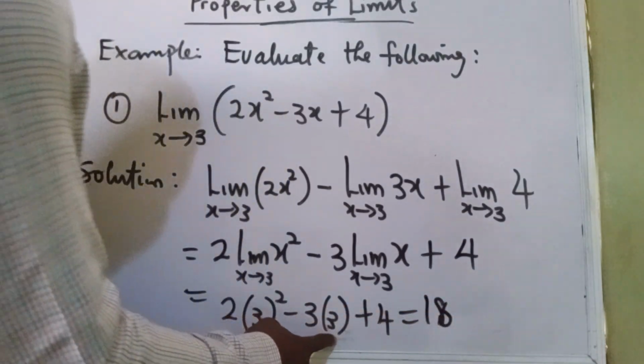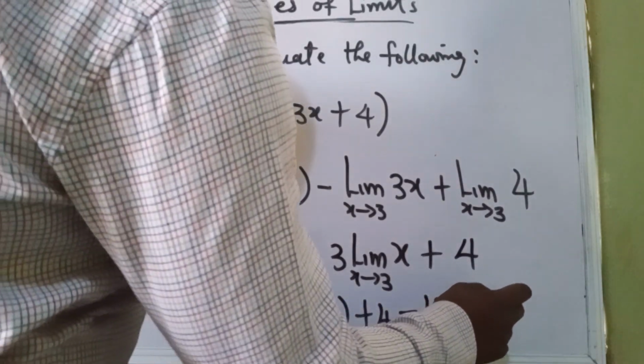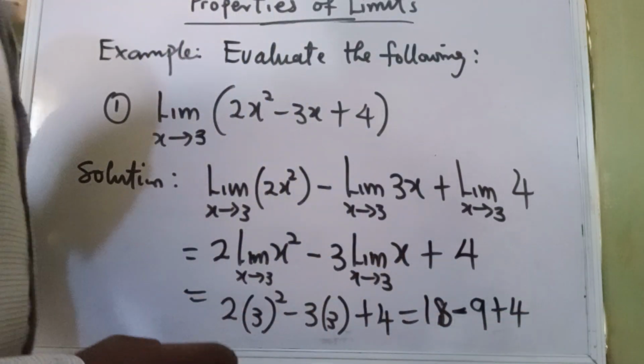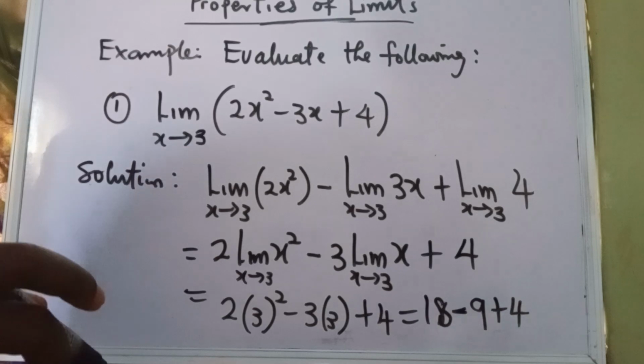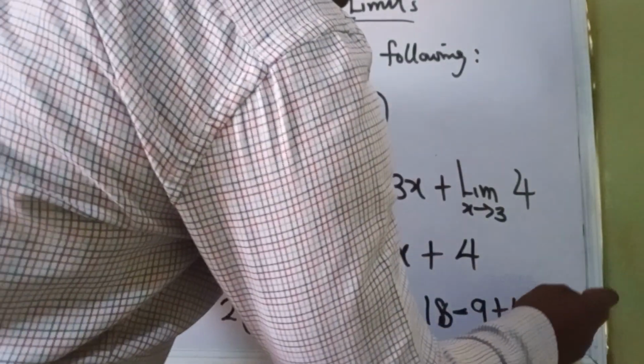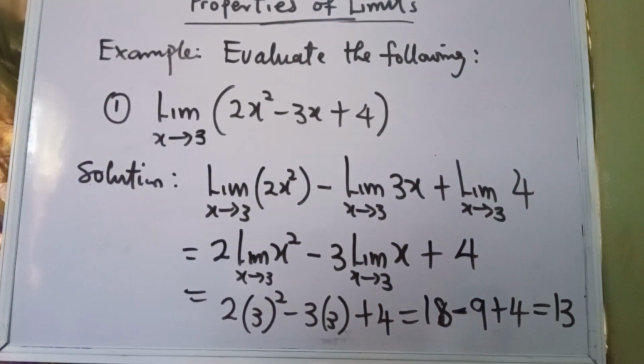Then 3 times 3 here is negative 3 times 3, that's 9, plus 4. So this is 18 minus 9 plus 4. This will be equal to 13.